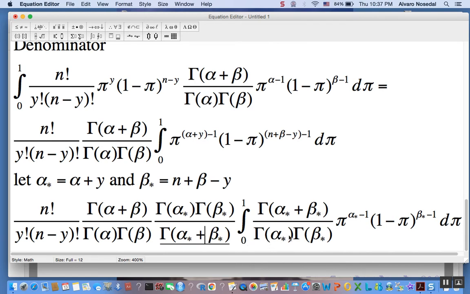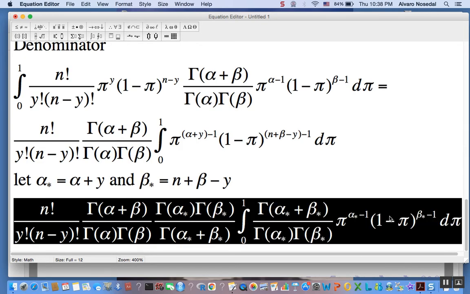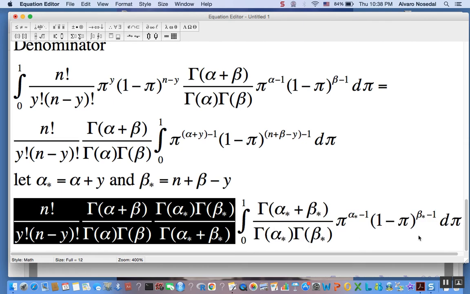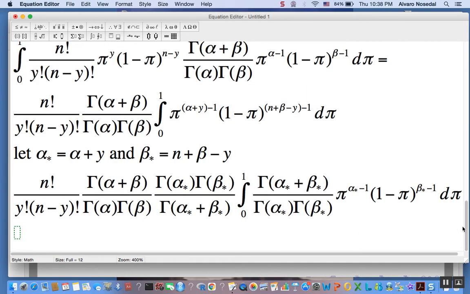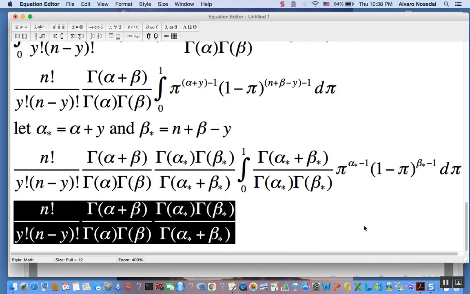And then, since we are integrating a beta with parameters alpha star and beta star over its entire support, the region where the PDF is non-zero, in this case from 0 to 1, this is just 1, right? So next line, what we have is just that. The integral is just 1. So bottom line, the denominator is going to be this guy here, right?